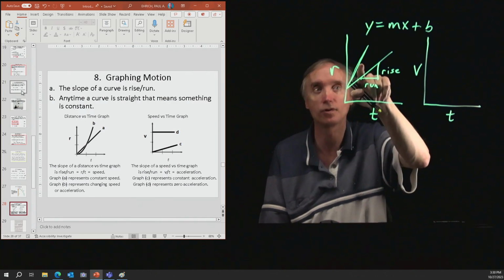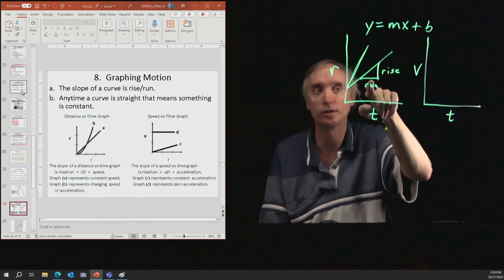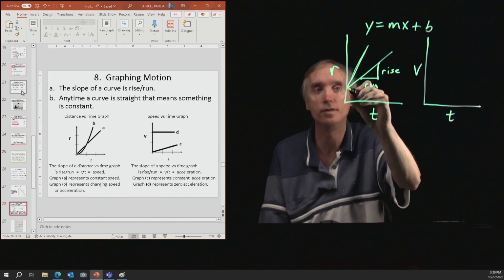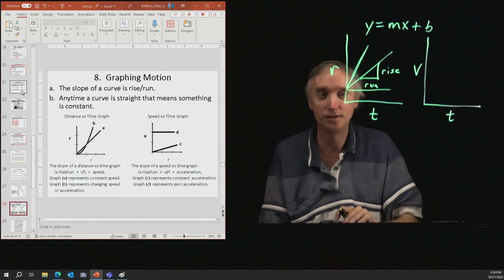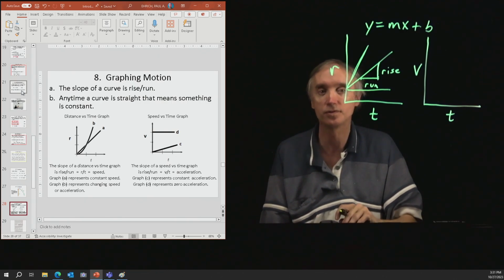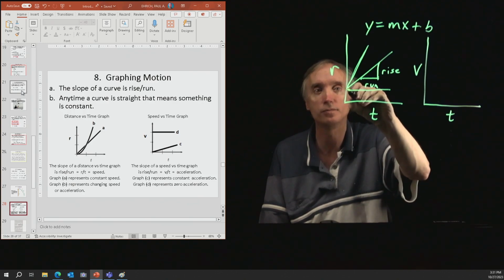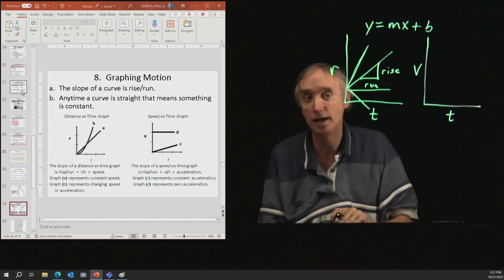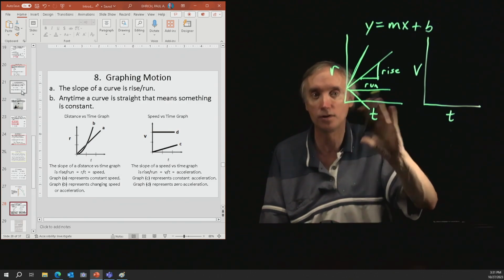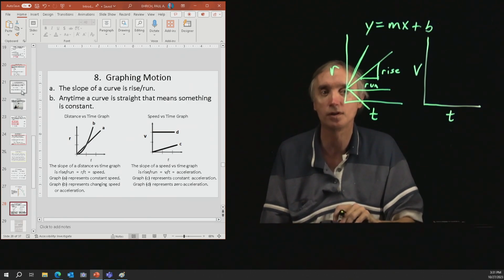So this has a greater slope than this one. What would it mean if it's horizontal? That means it doesn't have any slope, so the slope would be equal to 0. And what do you suppose it means if it's doing that? That would be a negative slope. So you have all sorts of different kinds of slopes.